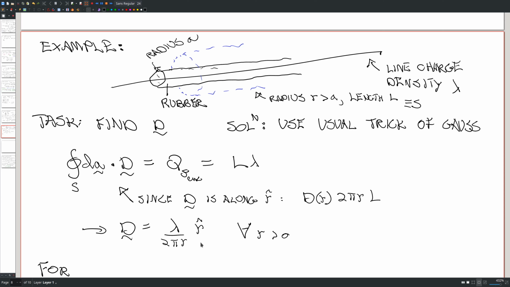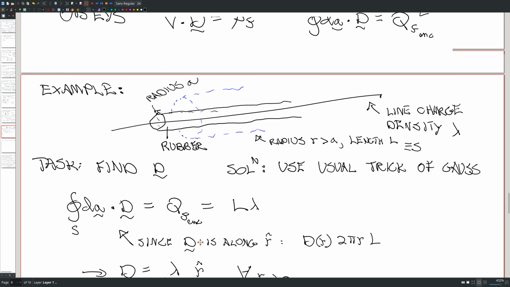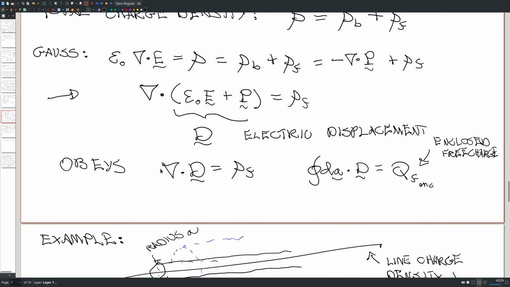Okay? And then your second question was, what is D? D, again, is the combination of the local electric field and the polarization. So it's like you're running after your tail here, because where does polarization come from? Polarization comes from matter that reacts to the presence of an electrostatic field. It polarizes.